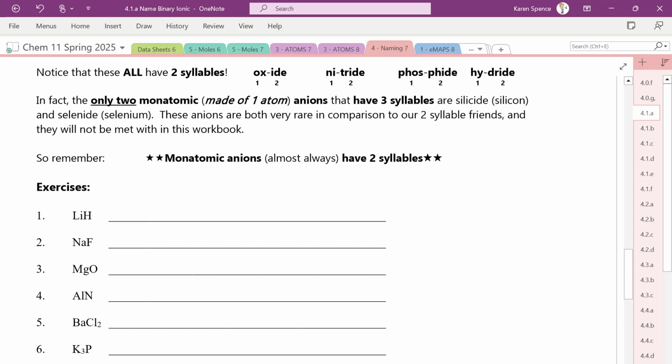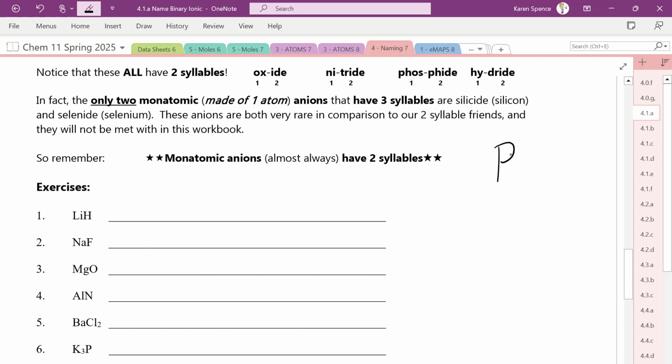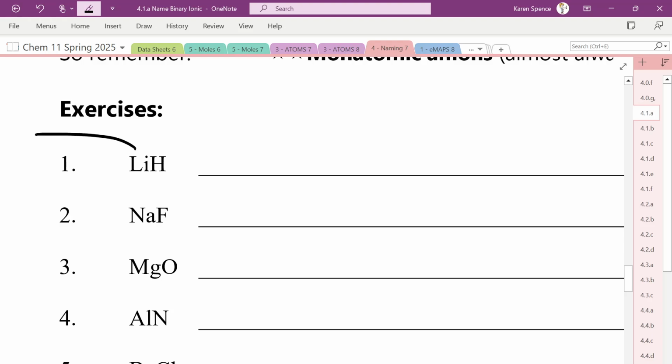This is page 9. Okay, so make sure you have a periodic table, and what we're going to have here is a metal, and a non-metal. What kind of compound is that?